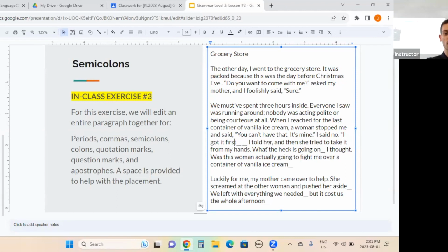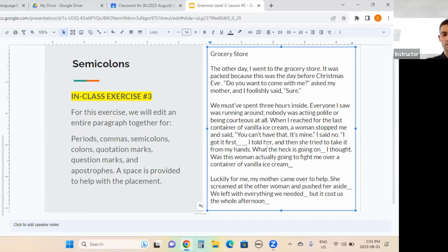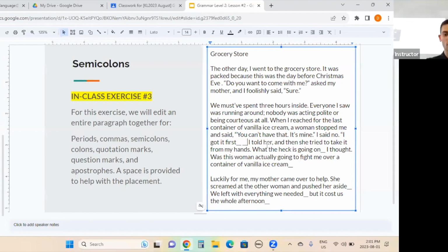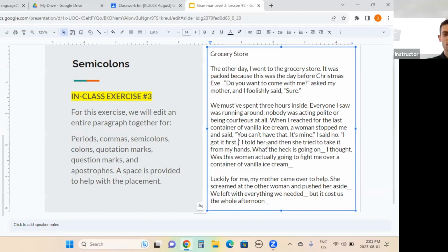And then at the end, I got it first. This is the end of our dialogue. I think another quotation mark. Yep, another quotation mark. And there is one little punctuation mark we need just before. Comma. Right. "I got it first," I told her.